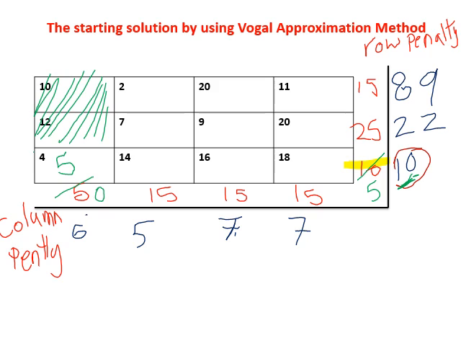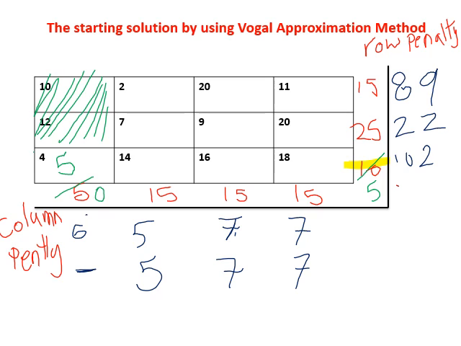Then the difference between 14 and 16 is equal to 2. Here for the column penalty, we take the difference between the least costs, which is equal to 7. Now this is still 5, but we don't have any difference here in the column penalty.